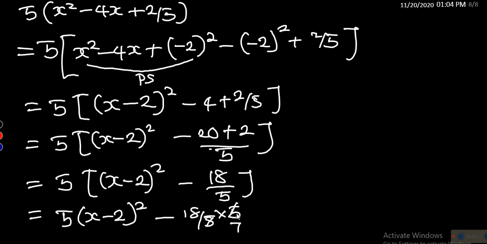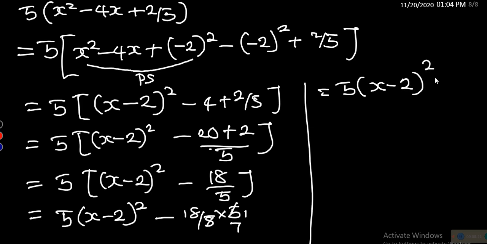And 5 goes into 5, we have 1. So the final answer, guys, is 5(x − 2)² − 18, and this is of course a perfect square quadratic expression. So now the square is complete.